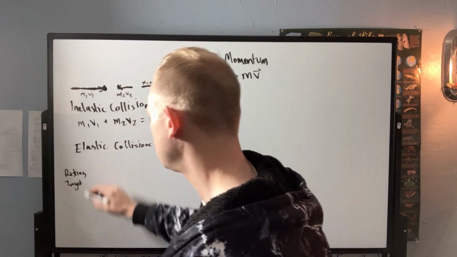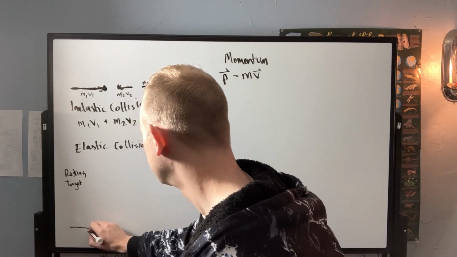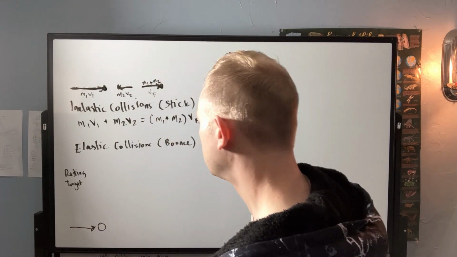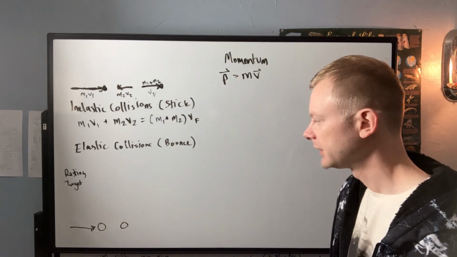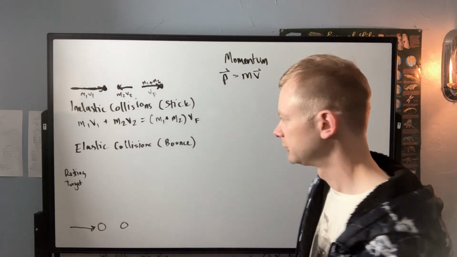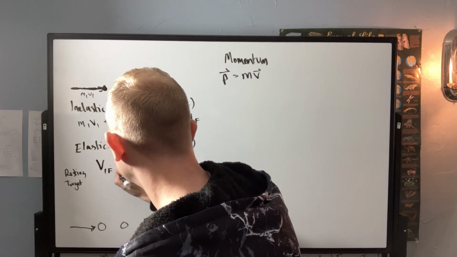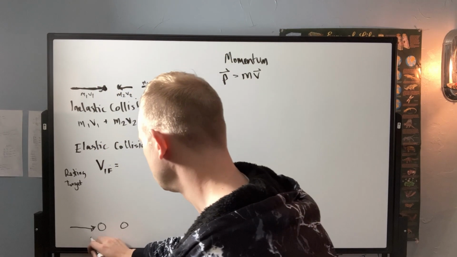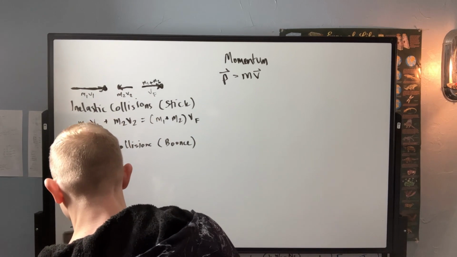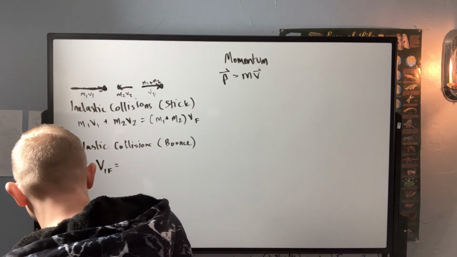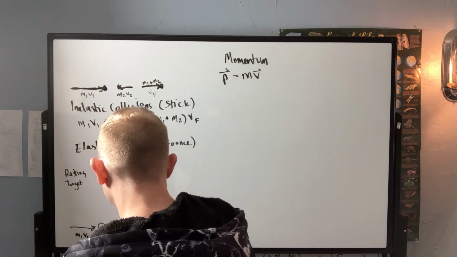This would be if you have a ball, and it's essentially just a little bouncy ball. This one is going to be hitting a resting target just like that with no velocity on the second one. So we would say V1, and this is the final V1, M1, V1, and this is just M2, V2.